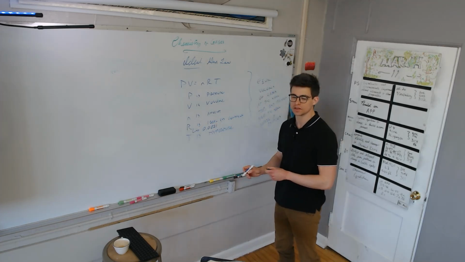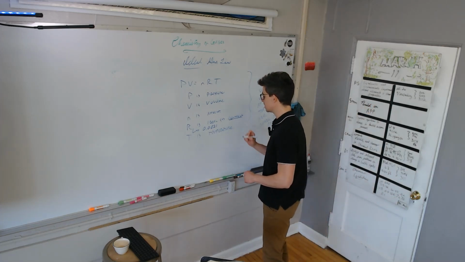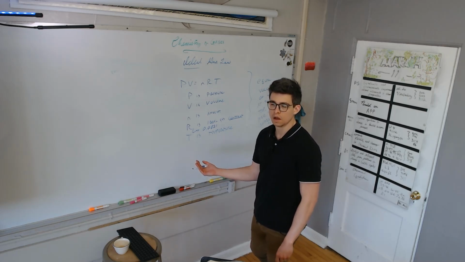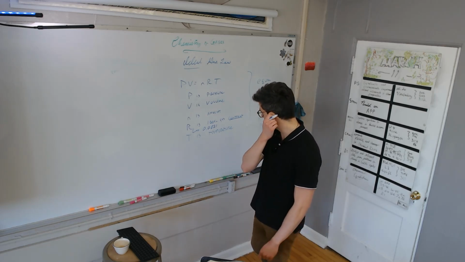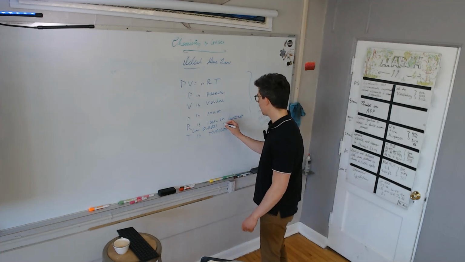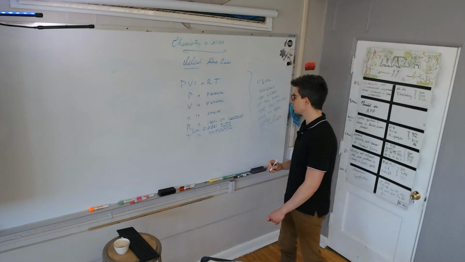So kind of like some of the things we had in physics, not only do we know the unit, it has an actual value. It's a constant, so it has an actual value. Something like the universal gravitational constant, the electrical constant, those things that we talked about in physics have an actual value that stays the same. 0.0821 liter atmospheres, so liters times atmospheres per mole Kelvin.